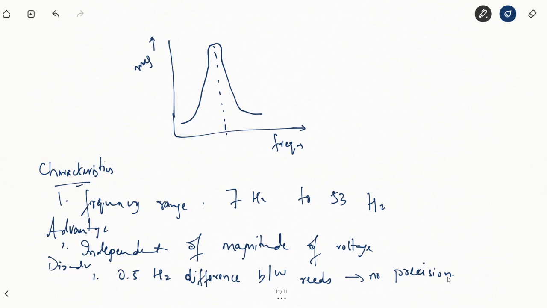Now, if a particular reed is in resonance with the supply frequency, that means the maximum amount of vibration will be caused in that particular reed. So that will give us an indication about the value of the frequency of the applied supply voltage.